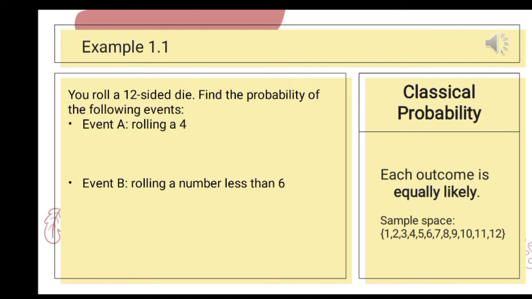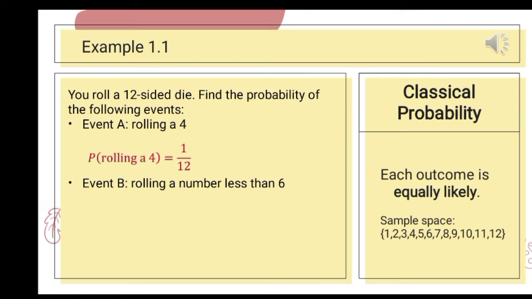Recall that the formula of a classical probability is the number of outcomes of event A over the number of total outcomes. The number of total outcomes for this example would be 12. For event A, the number of outcomes is only 1 because there's only one 4 in the sample space. So the probability of rolling a 4 equals 1 over 12.